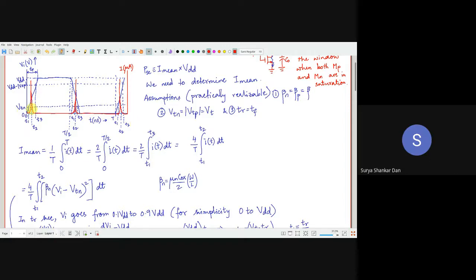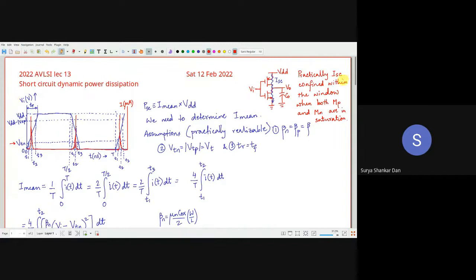देखो, when Vi, unless Vi reaches VTN, सोचो, your NMOS is not going to switch. It is not going to conduct rather. So, as I said, this is in saturation. Okay, so saturation will happen mostly when this is reaching the spike, where it is becoming very sharp. But the current conduction will begin at the instance when the NMOS is starting to switch on.